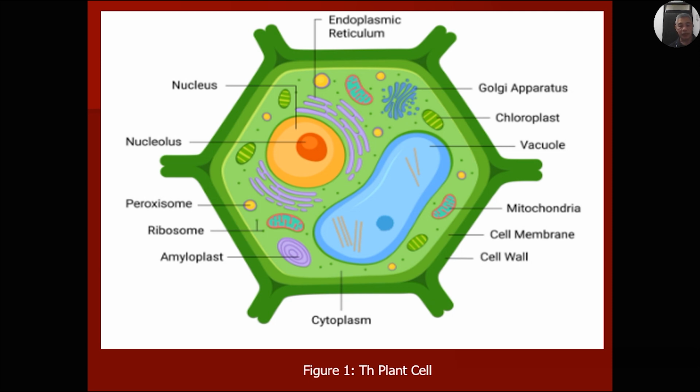Then we have the amyloplast. The amyloplast is a colorless plastid that forms and stores starch. That's the function. We have also the cytoplasm.